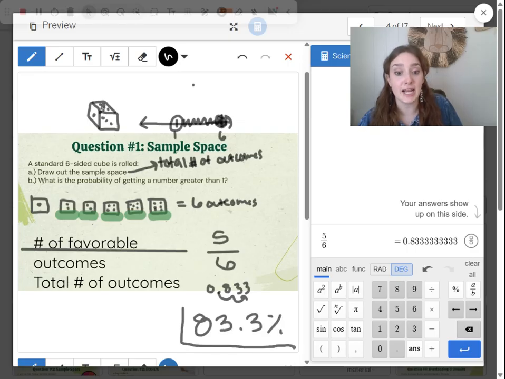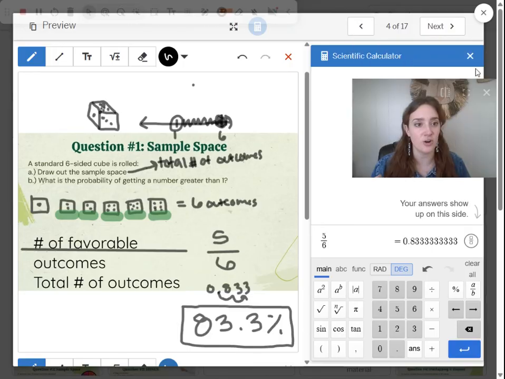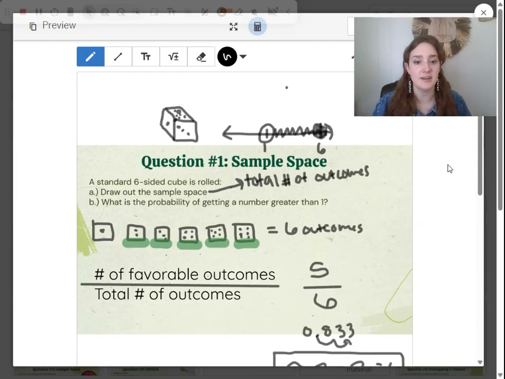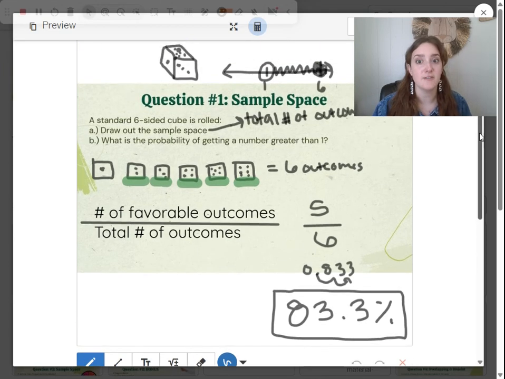That is a very large chance, right? Remember, our probability of an event occurring, that percentage or that number, decimal, or fraction, is between 0% and 100%. So 83%, that is almost certain to happen. 100% probability, it's going to happen, it's certain. 0%, it's impossible, it can never happen, right?